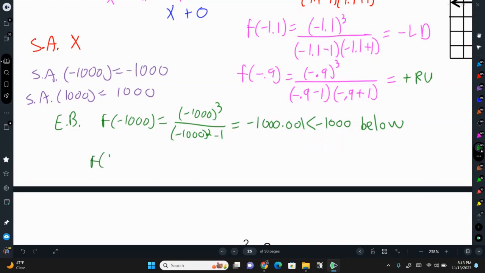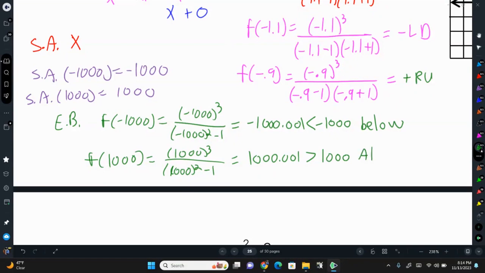And then f of positive 1,000 is going to be positive 1,000 to the third over positive 1,000 squared minus 1, and that will give us positive 1,000.001, which is greater than 1,000, so above.